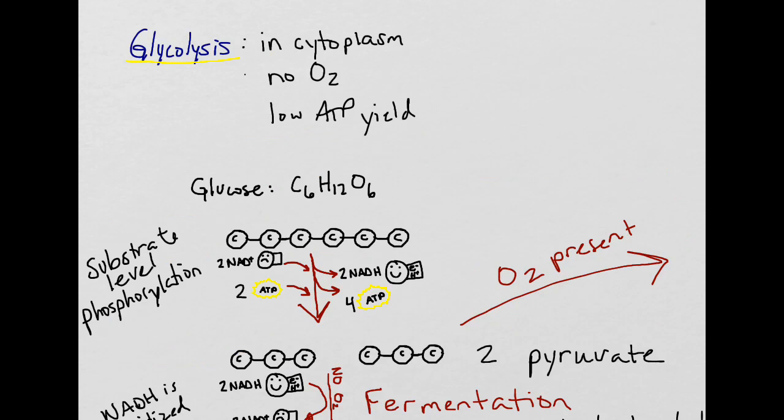All right, so the first thing we're going to talk about in a little more detail is glycolysis. Glycolysis, as I mentioned, happens in the cytoplasm. It does not require oxygen. So if the cell is in an oxygen-deprived state, it will use glycolysis to produce ATP.